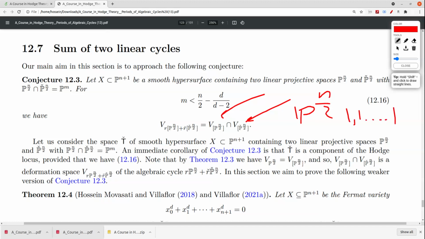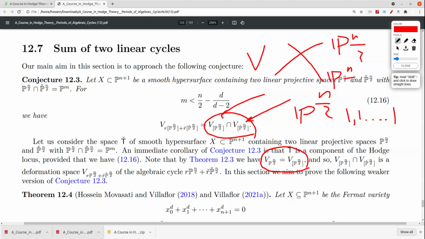And so by our previous theorem, we have that this V is the same as the Hodge locus of the homology class of the intersection. Basically, this guy is the locus of hypersurfaces containing two P_n and P_n-half intersecting each other in some Pm.